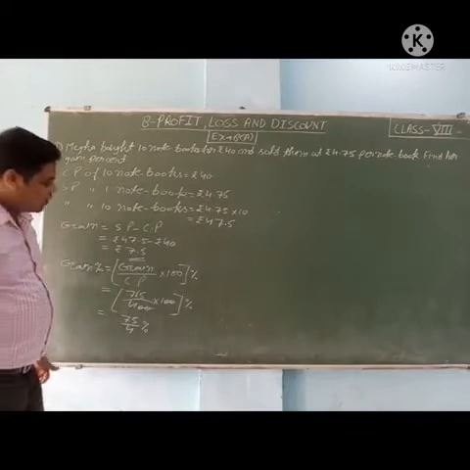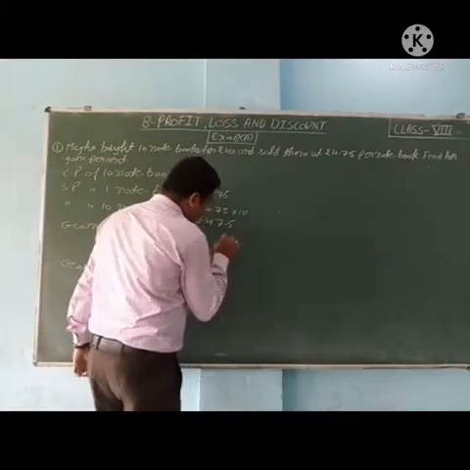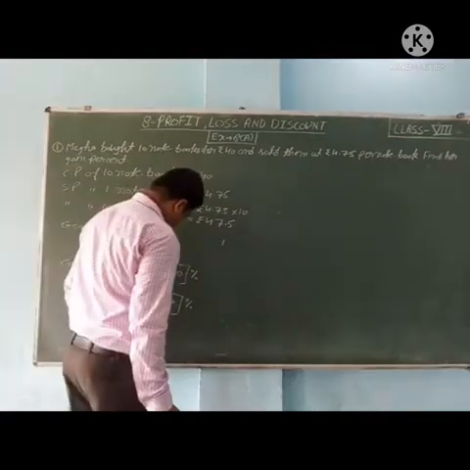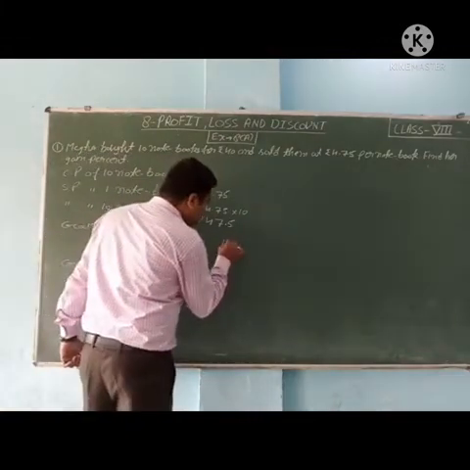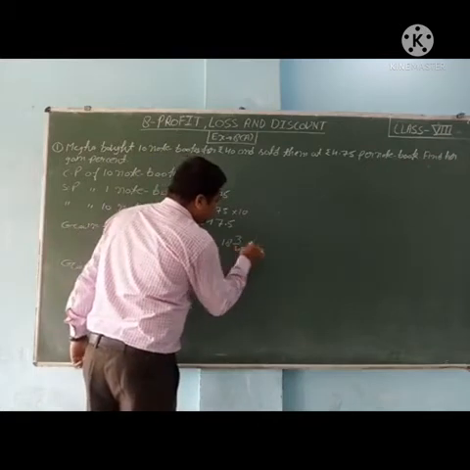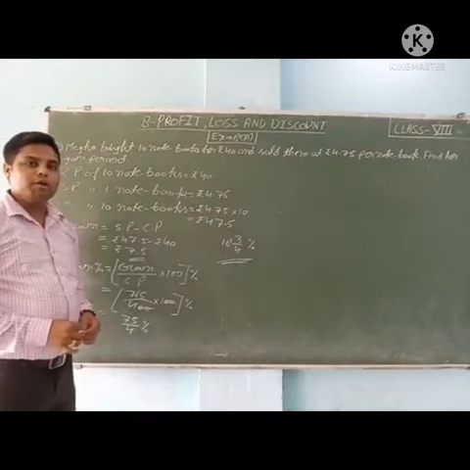When we convert, 4 ones are 4, remainder 3. 4 eights are 32, then 3. So the answer is 18 whole 3 upon 4%.